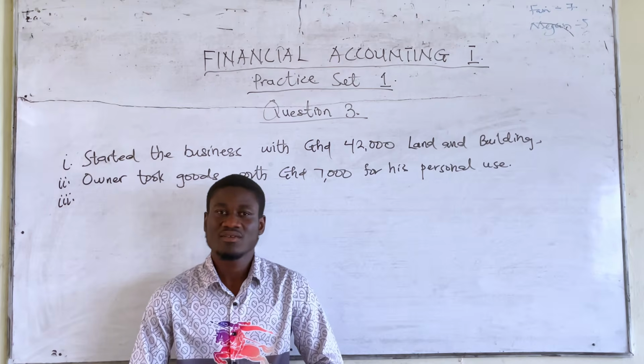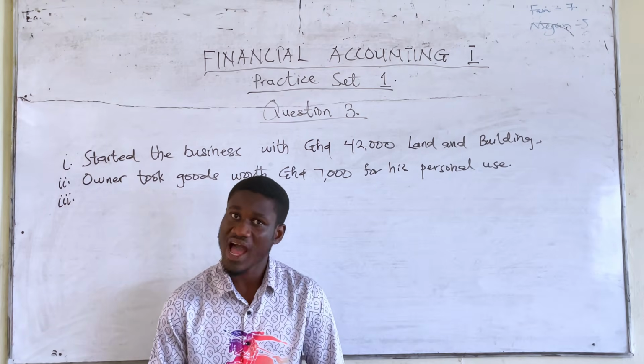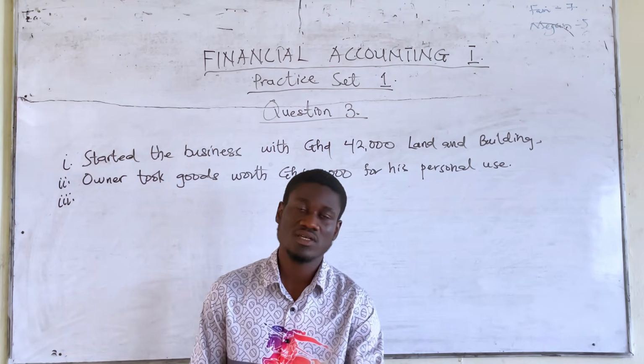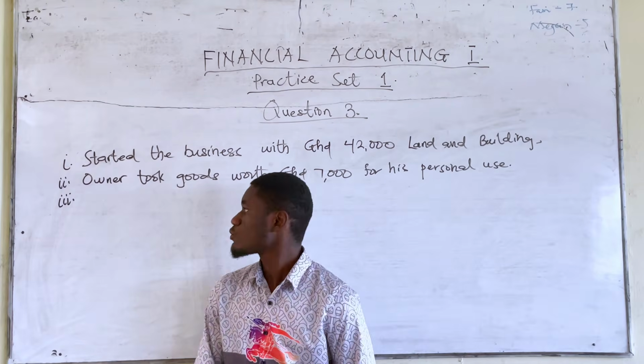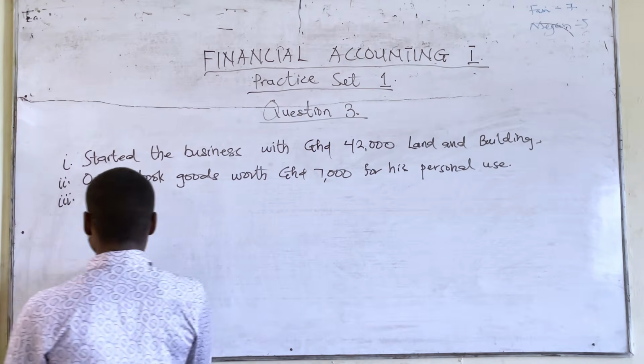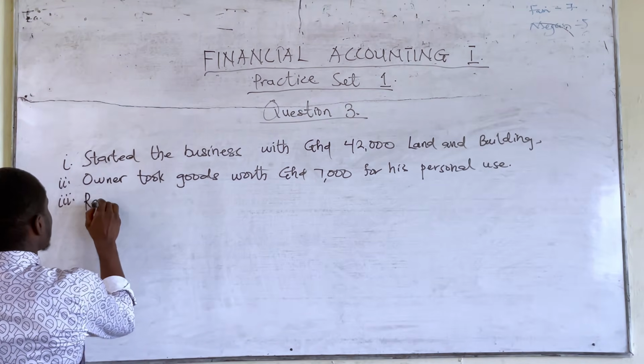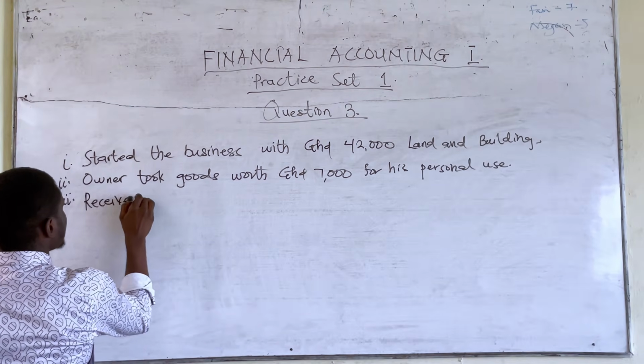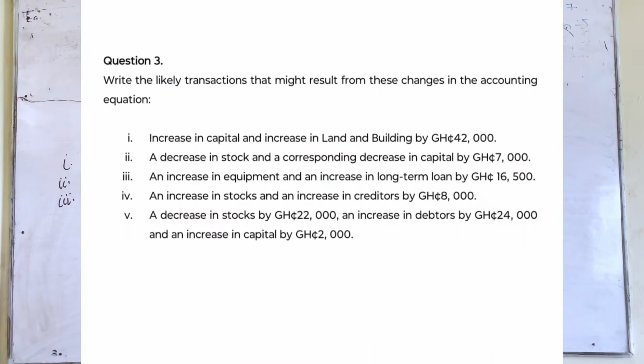That means that if we had zero equipment, now we have more equipment. So increase in what? Equipment. Do you get it? Good. So with this one, we can say received loan, 16,500.